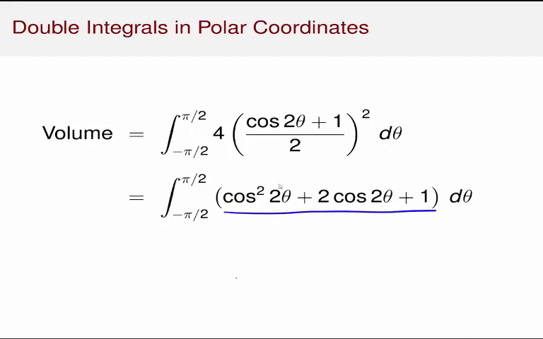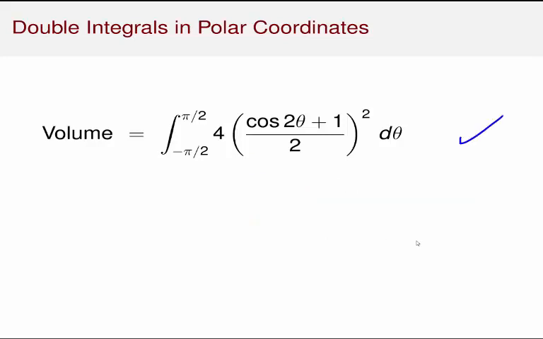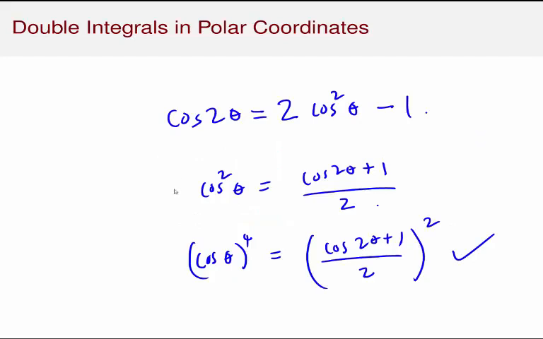Right, again we need to get rid of the square term by applying the identity again. This time we're going to apply the identity by replacing theta with 2 theta. So doing that, we're going to get cosine 4 theta being equal to 2 times cosine square 2 theta minus 1.